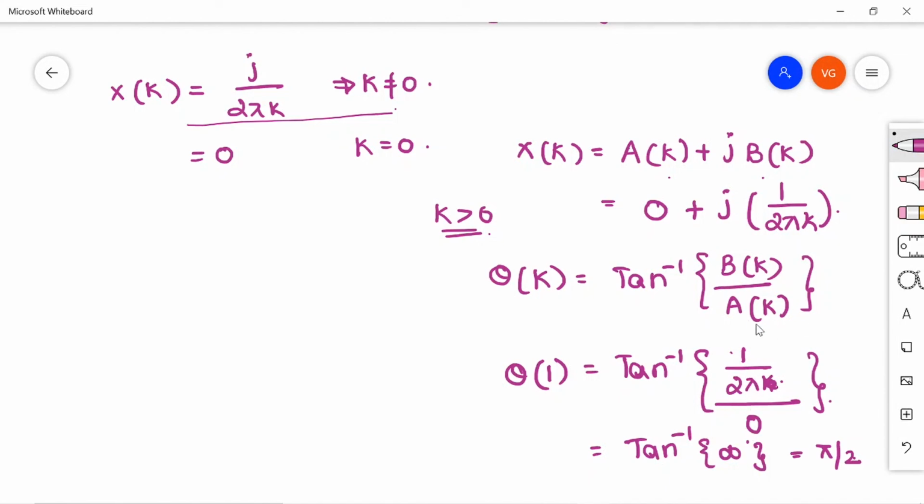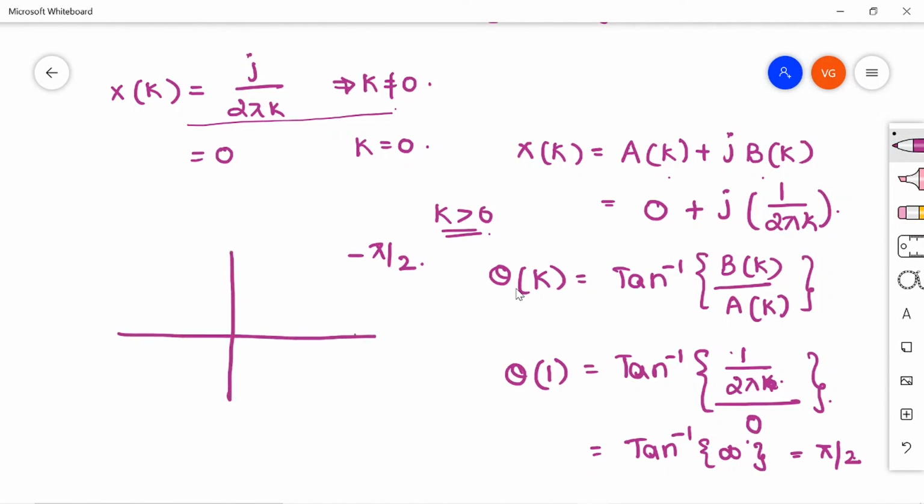Anyhow, the denominator will be 0, whatever the k value, so you will be left with pi by 2. Suppose you keep a negative value, then it will be tan inverse of minus infinity. Both are the same, but as you are writing the value of theta, this will become minus pi by 2.